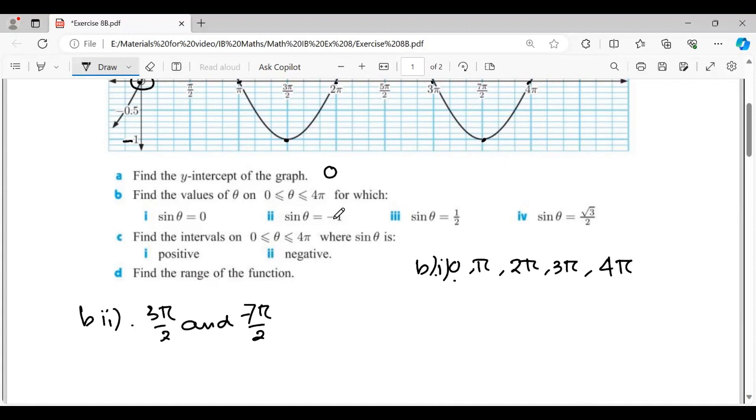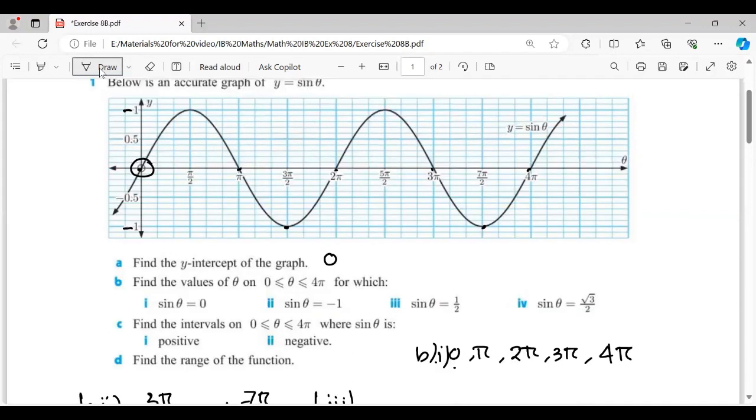Now B3. If sine theta equals a half, or 0.5, look, I'm going to show you. This one, 2, 3, 4.